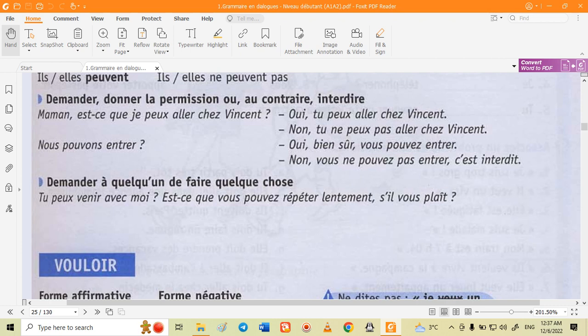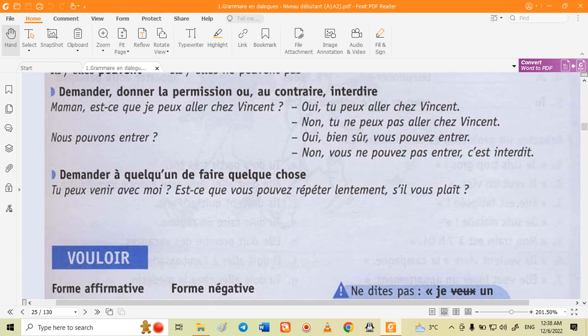So for asking, demanding somebody, for giving the permission, or au contraire, in the contrary, interdire, whenever you want to ban somebody from doing something. Interdire means to forbid.